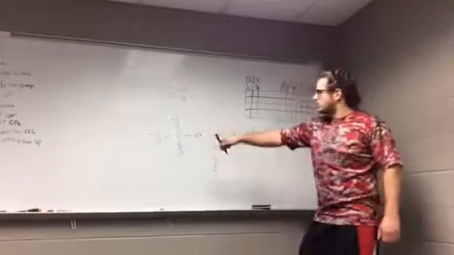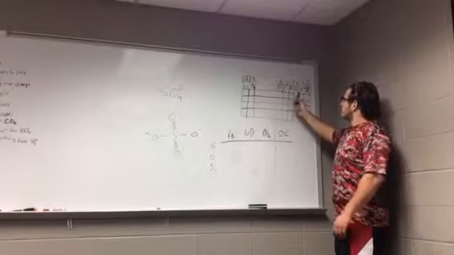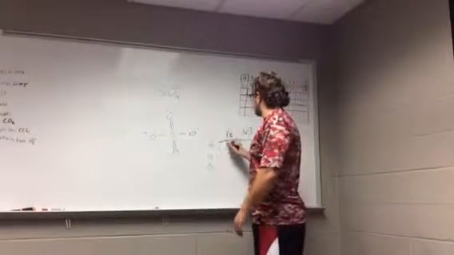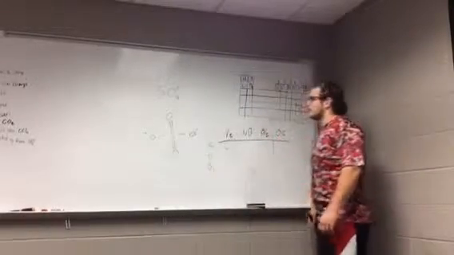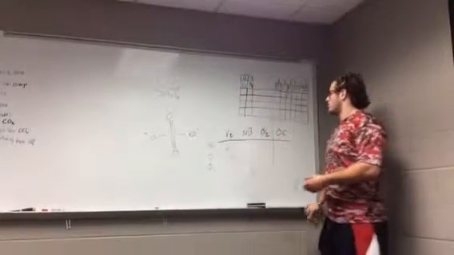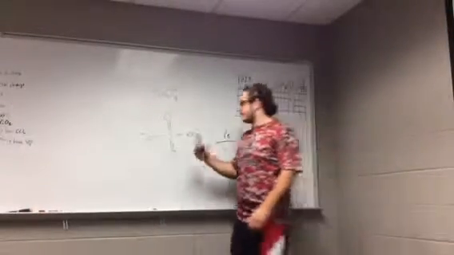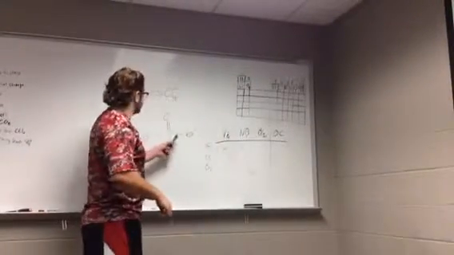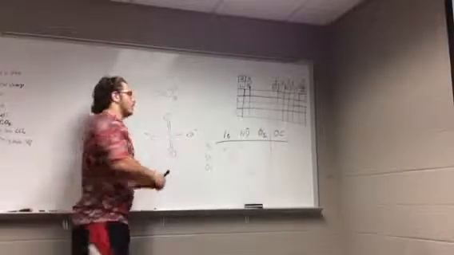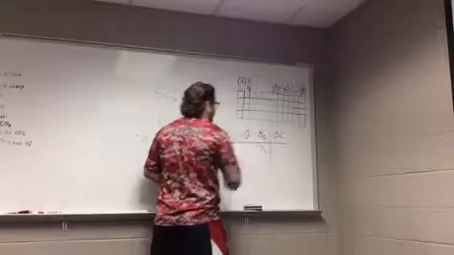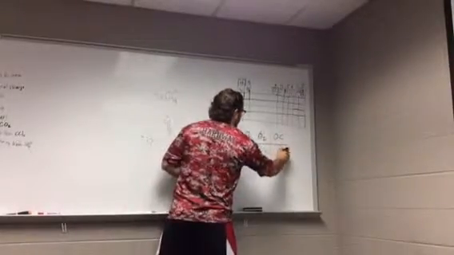For valence electrons, sulfur sits right underneath oxygen, so it has 6. Non-bonding electrons, it has 0, because it's bonding all of them. Bonding electrons, it has 6 bonding sites, so 2, 4, 6, 8, 10, 12. 12 divided by 2, for a net charge of 0.